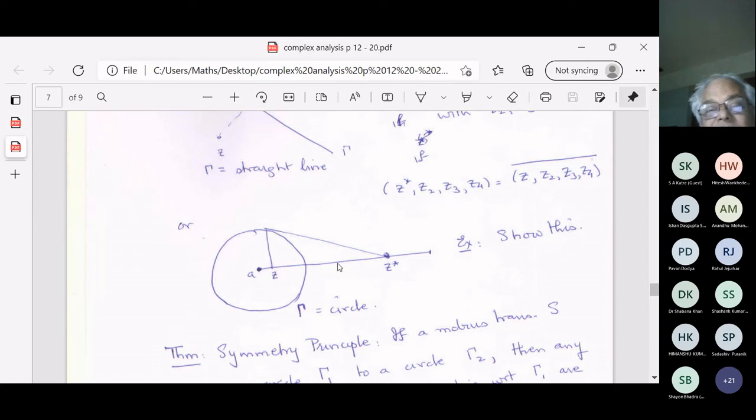One of them is inside, the other is outside. You take the one inside, draw the perpendicular to that straight line, and it will meet the circle at some point. Draw the straight line from Z star to that point, and this straight line is tangent to the circle at that point of intersection of the perpendicular.